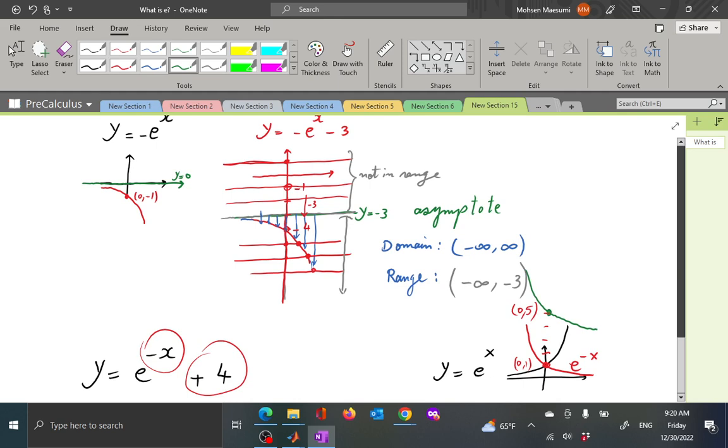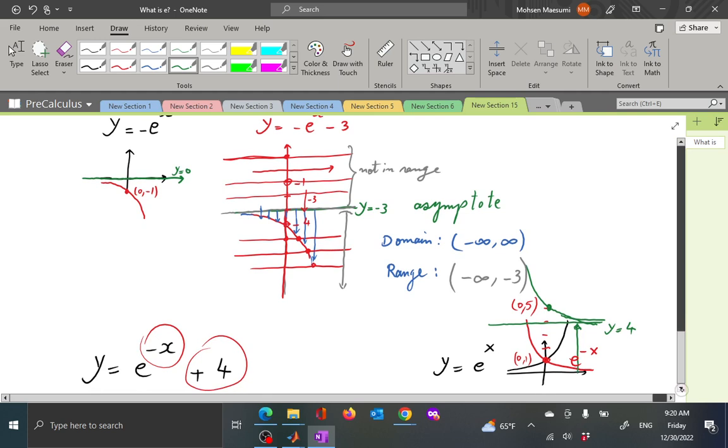Again, it asks for domain and range. Let me draw this thing better. The asymptote of it is going to be y is equal to 4, because the old asymptote is going to come up with everything else in the function, up by 4 units, so it's going to come to y equal to 4.